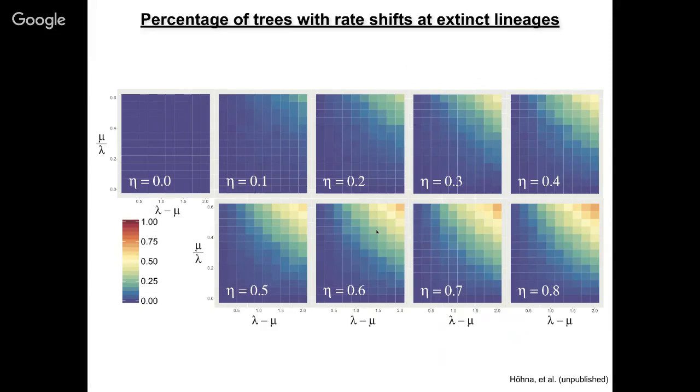The reason was that with a higher relative extinction rate, our simulations were getting very slow, because we're simulating so many big trees to actually get observed phylogenies. And you could imagine that for even higher relative extinction rates, the impact of rate shifts at extinct lineages is even higher. This is just from the simulation perspective.